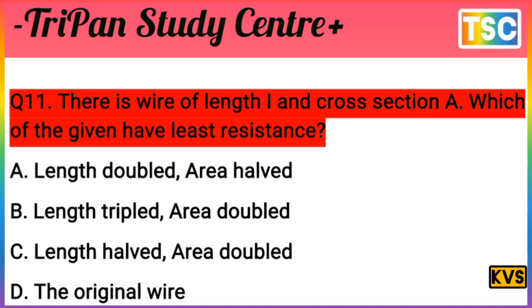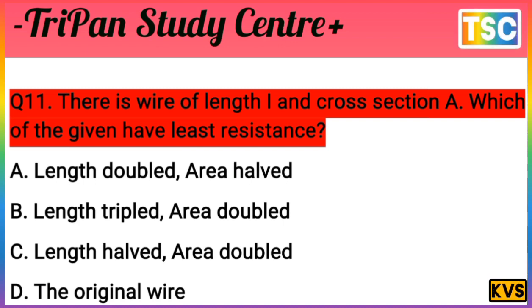This condition is correct because the wire has length l and cross section A, and here the length is halved and the area is doubled. That is the right answer for this question. It means option C is correct: length is halved and area is doubled.